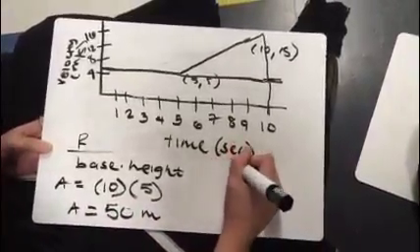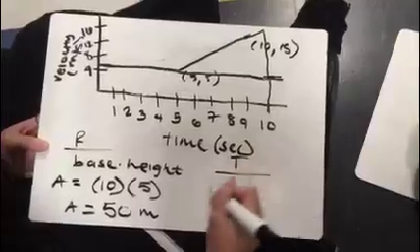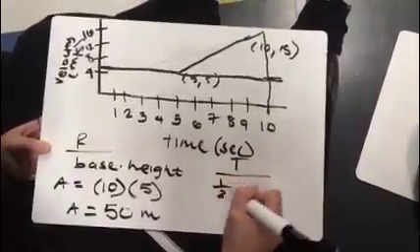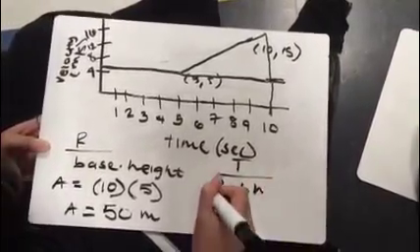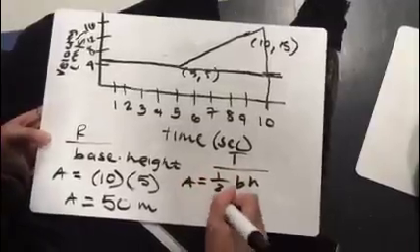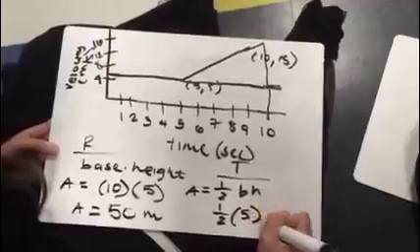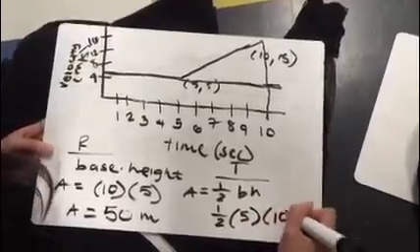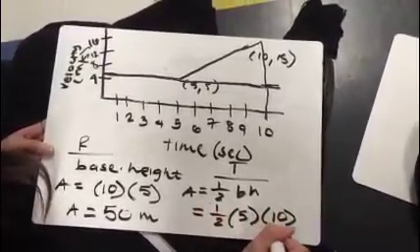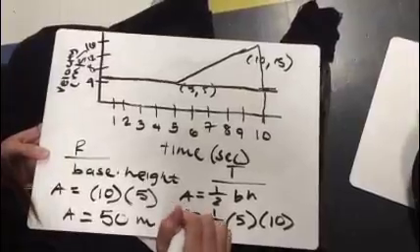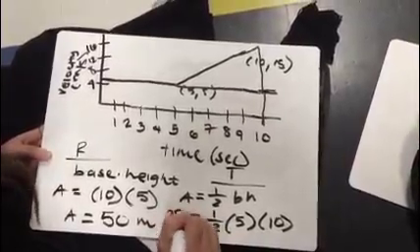And then for the triangle, it's going to be 1/2 times base times height equals the area. So 1/2 times 5, which is the base, and the height is going to be 10. So 50 times 1/2 is 25 meters.